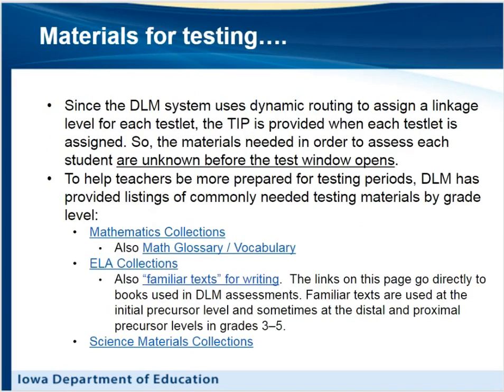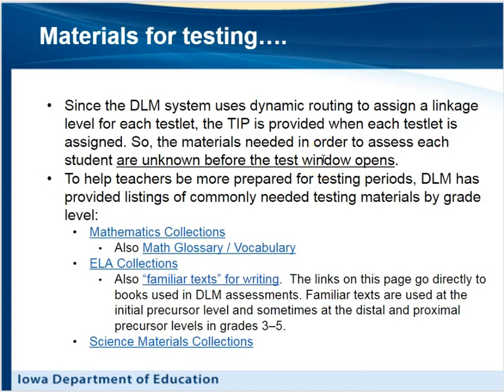Now, the DLM system uses this dynamic routing that we've talked about to assign a linkage level for each testlet that's going to be given to a student. And when that happens, a tip sheet is provided when you assign a testlet. So one tricky thing is that the materials that you're going to need to assess a student are not known before the test window opens.